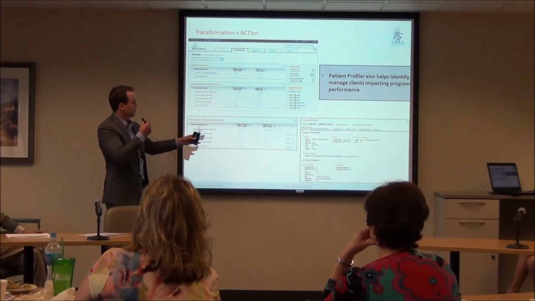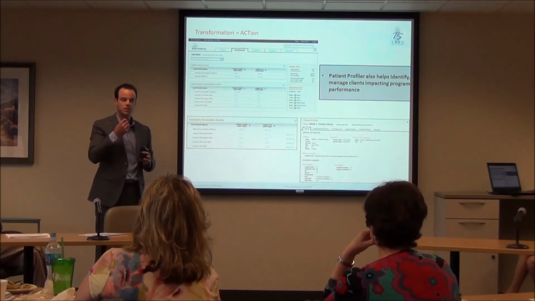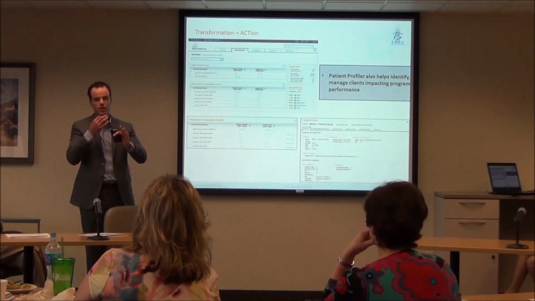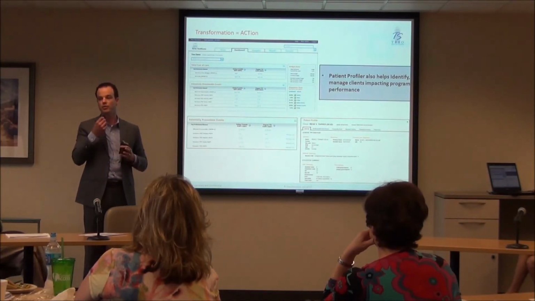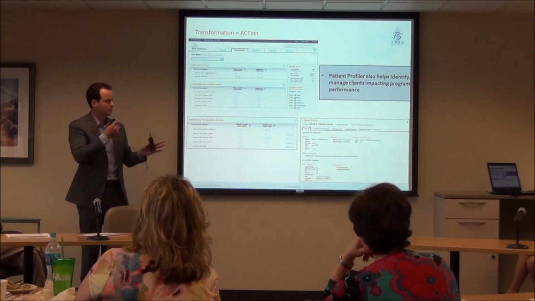The patient profiler and the member list links associated with each one of those key performance indicators give users the ability to click directly on those links and pull up a list of clients that have a direct impact on the performance for those indicators.